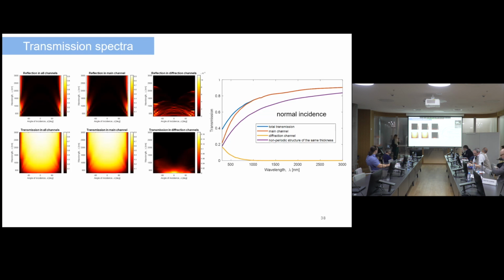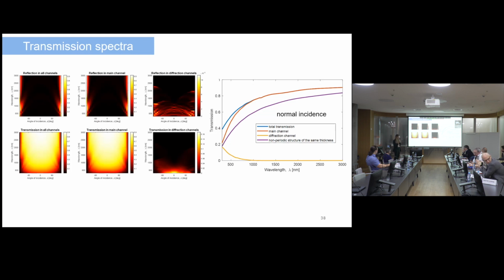Also, in the transmission, in the region of wavelengths 400 to 500 nanometers, we can see the signal. Unfortunately, we cannot see the signal at higher wavelengths. And this is all presented on this transmission spectra, in dependence on the wavelength.